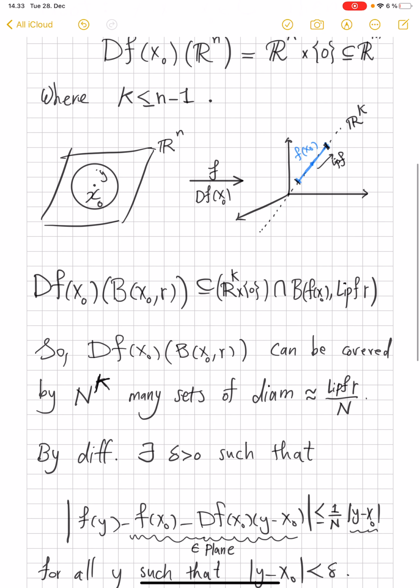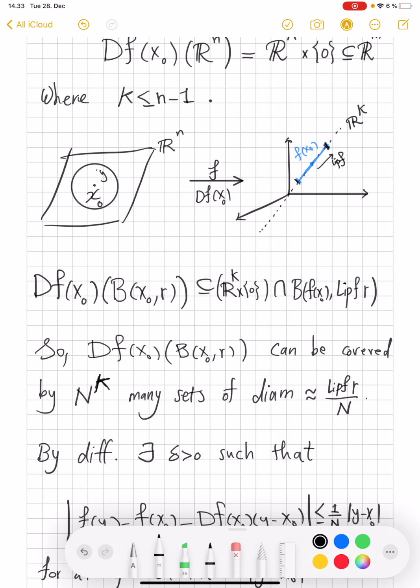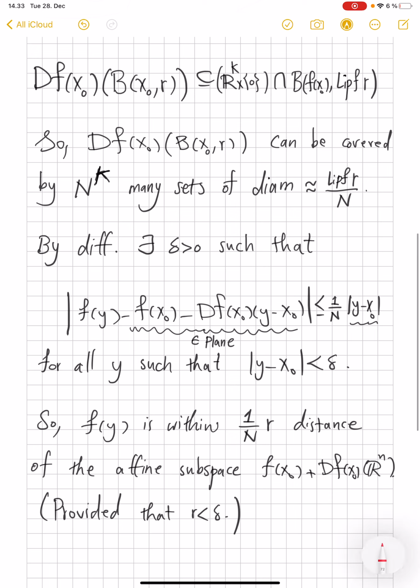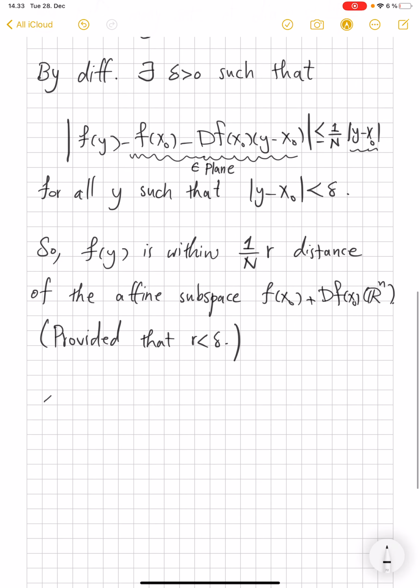This means that now we know f itself will be within a thin neighborhood of that affine space. So all f of y's will be here, which means the image of f itself of this ball will be contained in 1 over n times r.